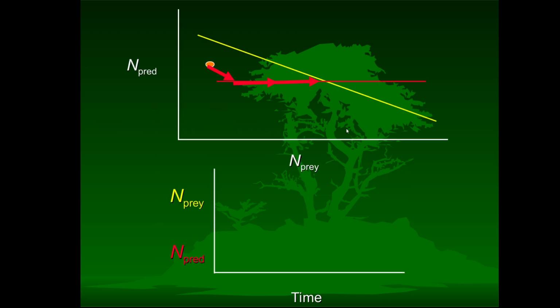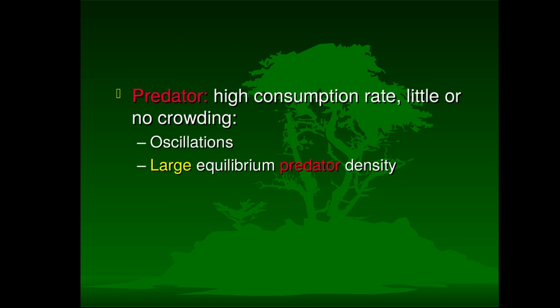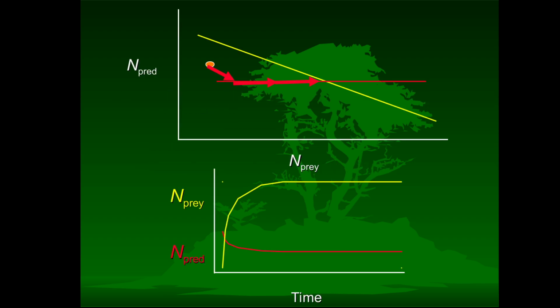So we can plot the two densities right here. So the predator population just goes down and then stays stable. Prey population goes up and then reaches a stable endpoint. That's it. No oscillations.